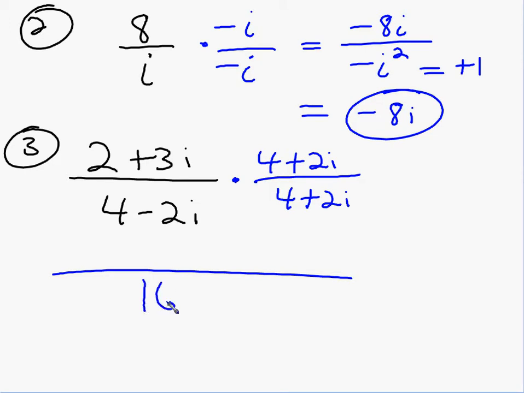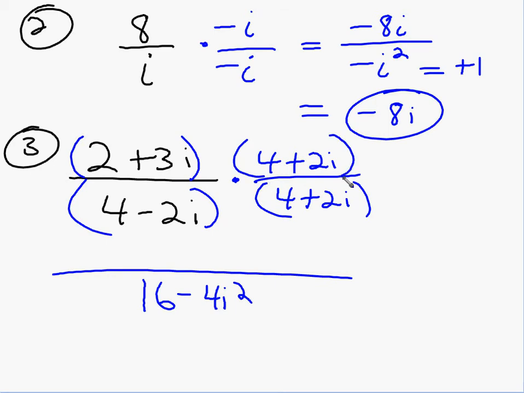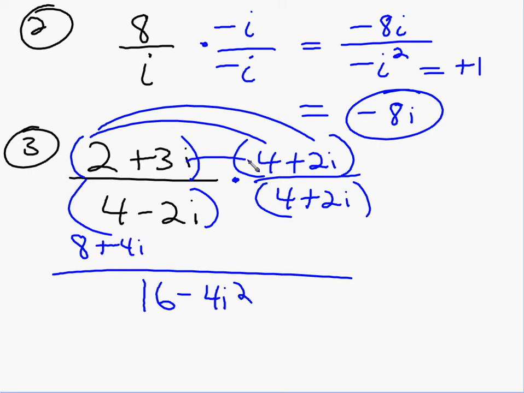That's going to be 16 minus 4i squared. That's our difference of two squares down here. On top, though, we have to do FOIL, because I have two totally different binomials multiplied together. So that 2 times 4 is 8, the outside terms plus 4i, the inside terms plus 12i, the last terms plus 6i squared.